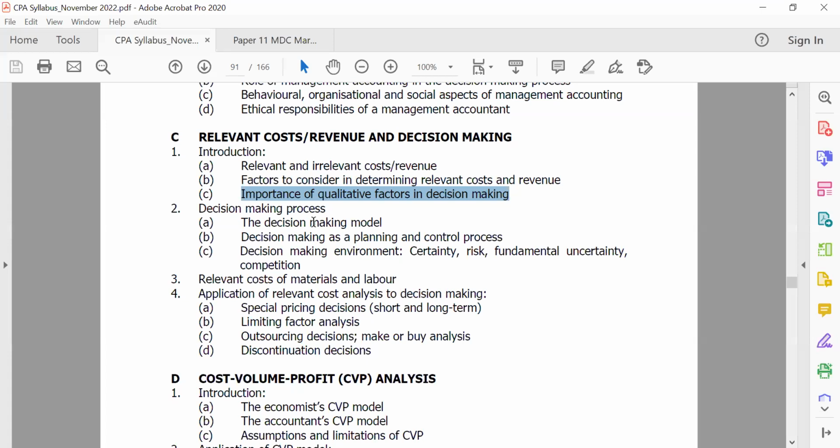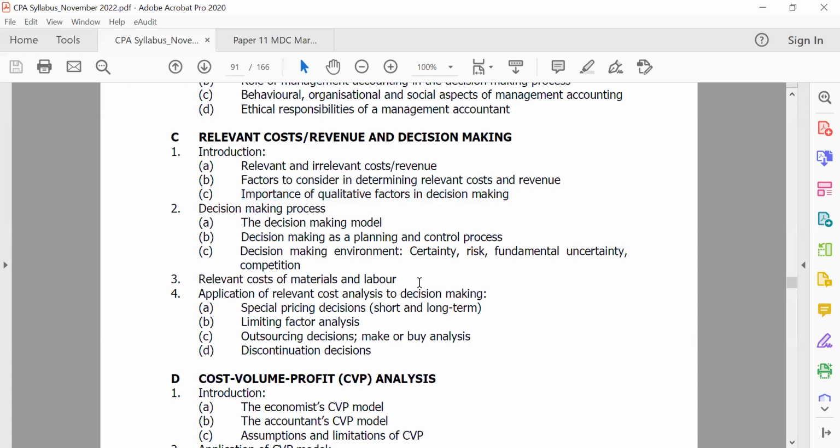It could be a problem where you have an outdated machine that you need to dispose of. So you'll be able to appreciate the varying aspects that come with either a problem or an opportunity. So that's the decision-making process.